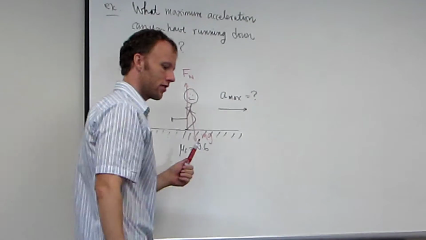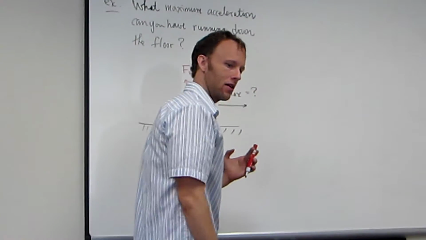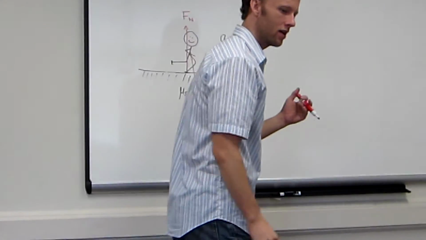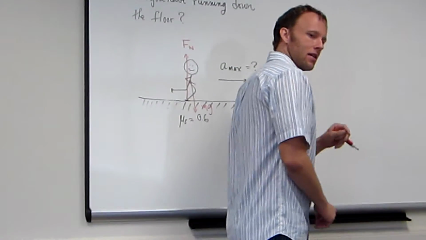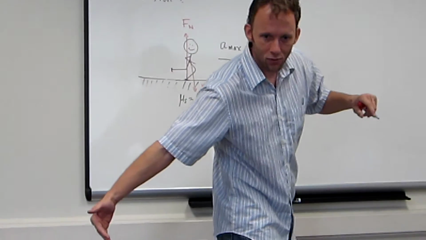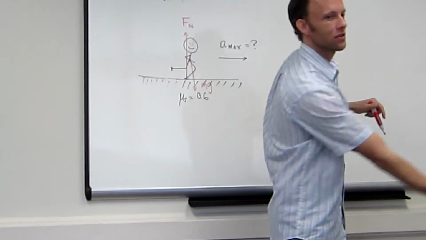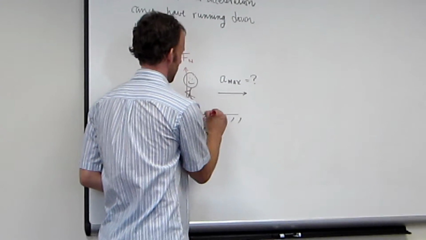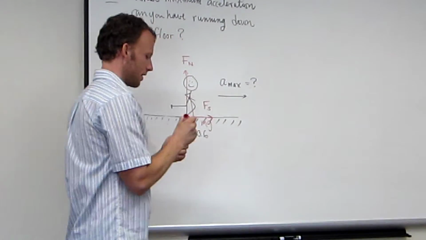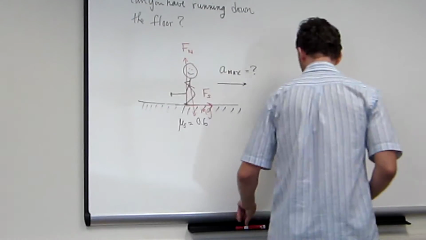That's because when you're running, you plant your shoe on the floor, and to push yourself forward, you have to try to push your shoe backwards. And the act of pushing your shoe backwards will make the floor, via the static friction force, push your shoe forwards. So, you have a static friction force going in that direction.